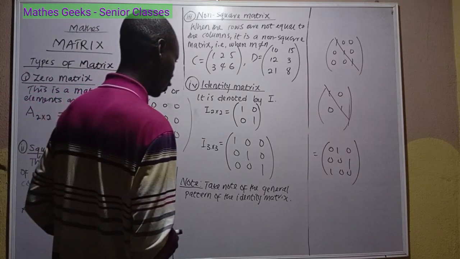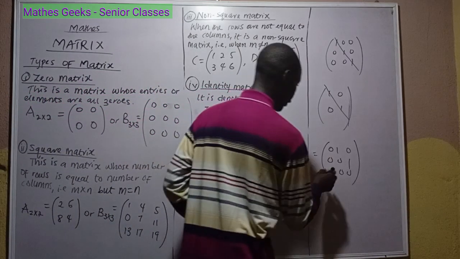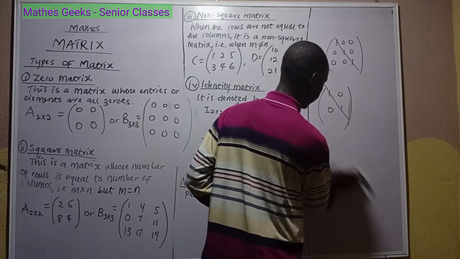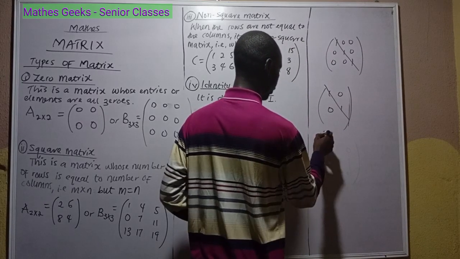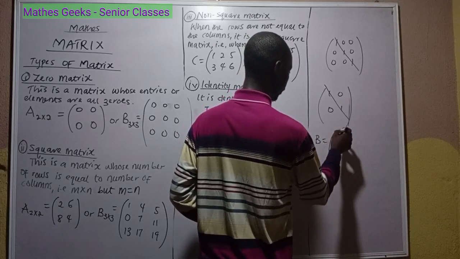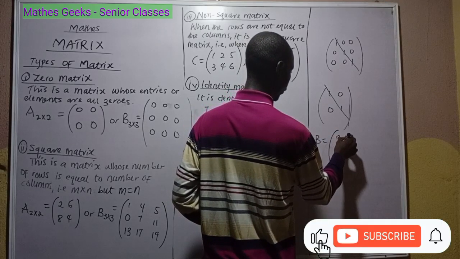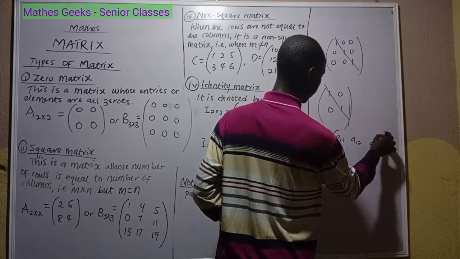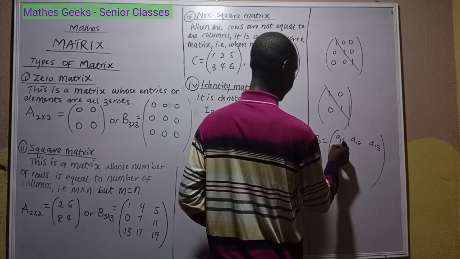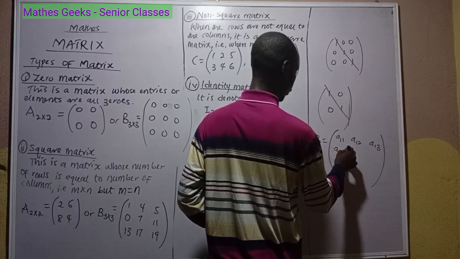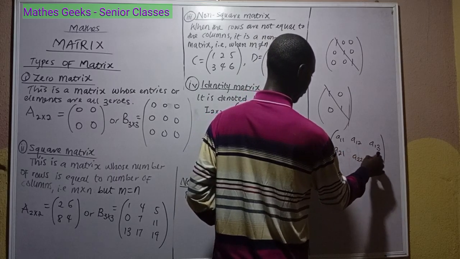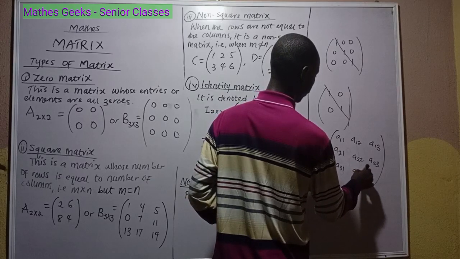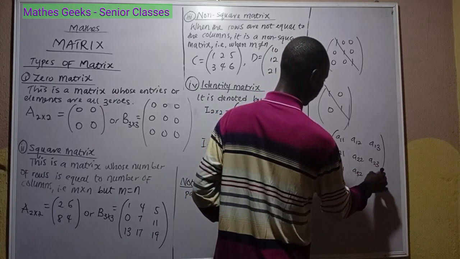And as I continue, take note of the first pattern I gave: if you have a matrix B where your entries are E11, E12, E13, and then you have E21, E22, E23, and you have E31, E32, E33.